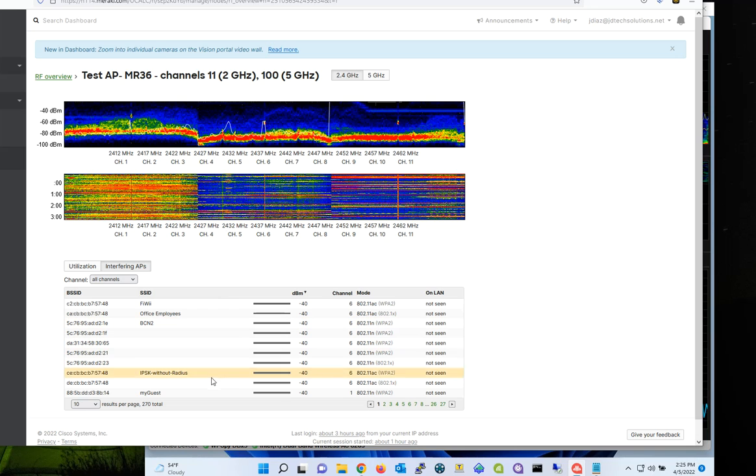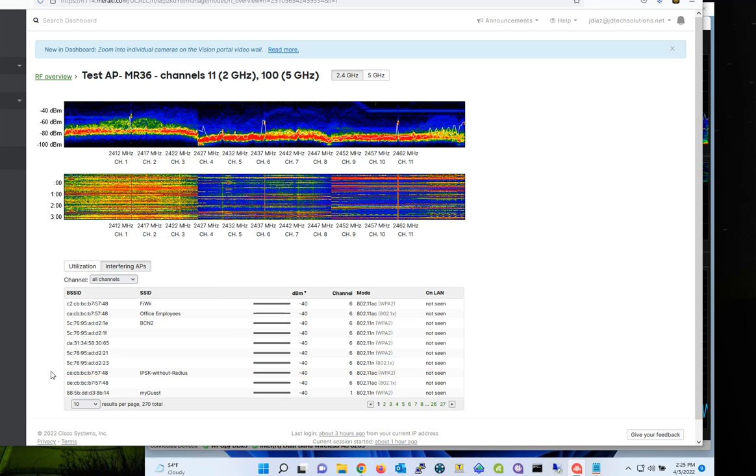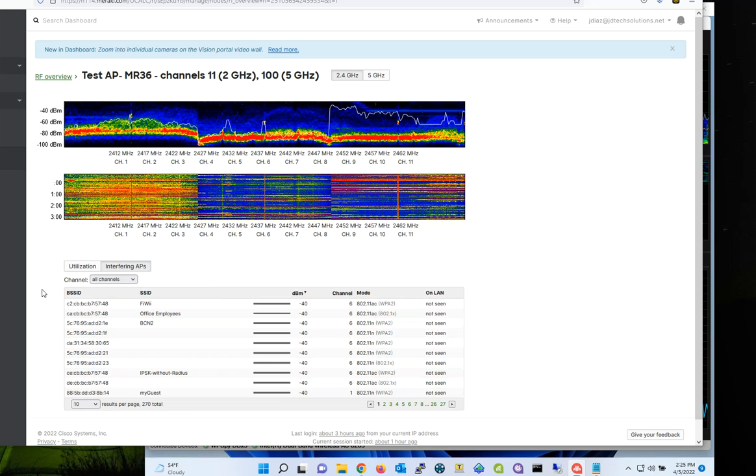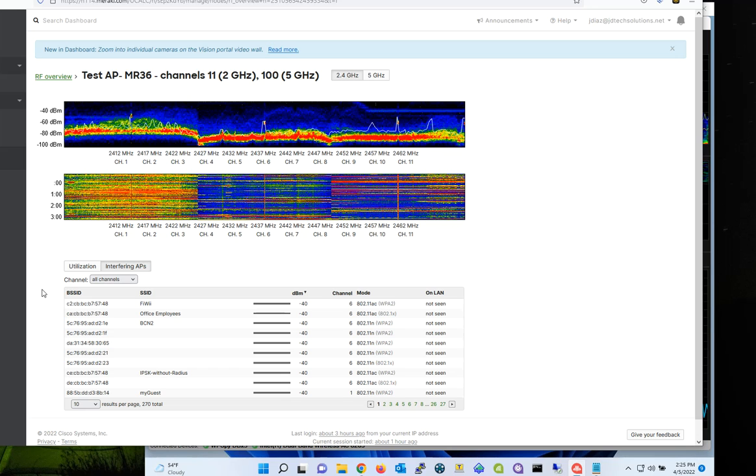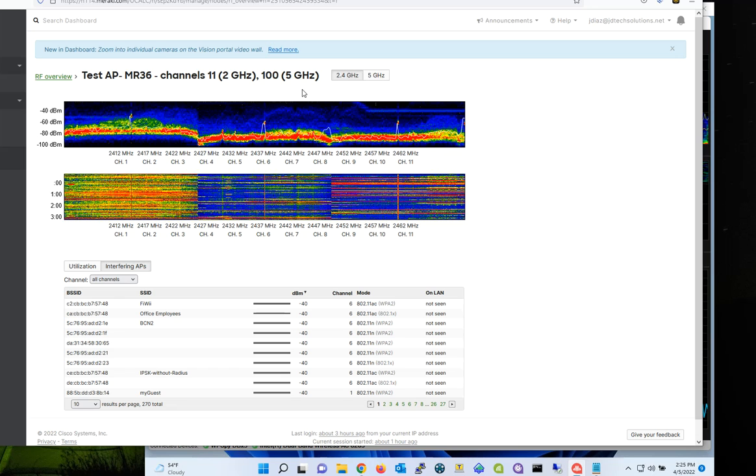If you are on the floor, 25 feet under the access point, the client device may be experiencing interference levels from other sources. So you have to keep that in mind when troubleshooting and using this information to help you troubleshoot.